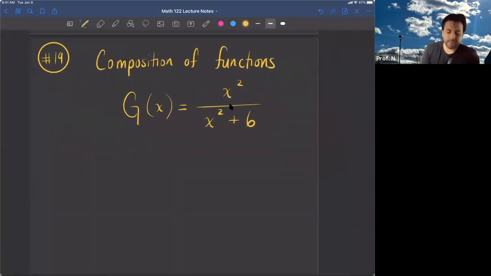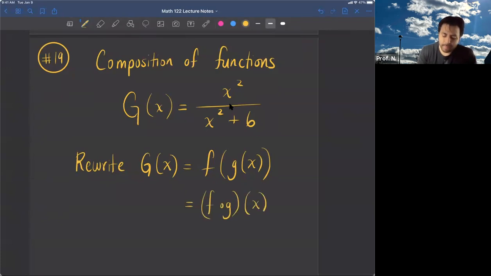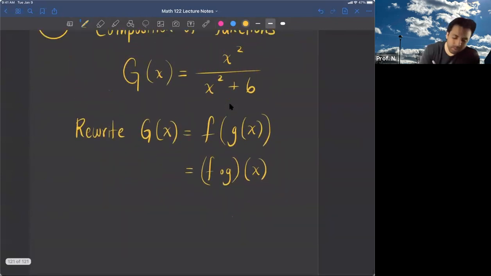Basically what they're asking us is to rewrite our function as a composition of two functions, as f of g of x. We can also write this notation as f follows g of x, right? So they're asking us, what is our inner function and what is our outer function?